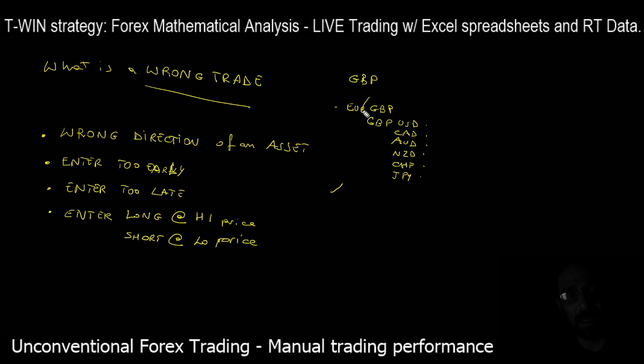Okay, and they are always against GBP. Okay, so when I'm trading GBP and in my charting on my Excel, I have a line of GBP, which of course normally you read it in this direction, but now for this educational purposes I will do this from left to right as a normal asset.